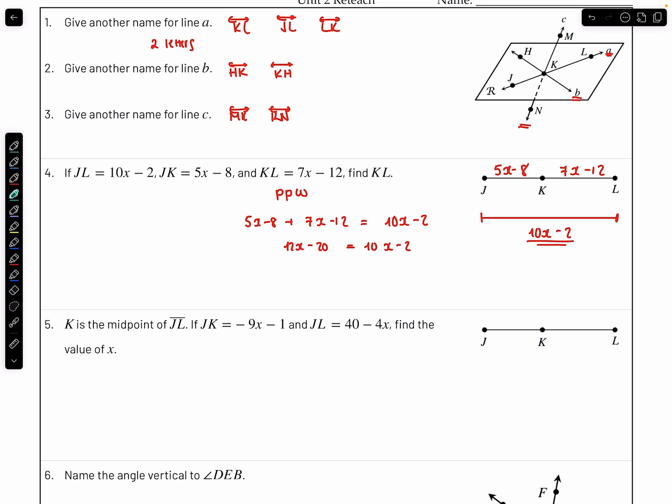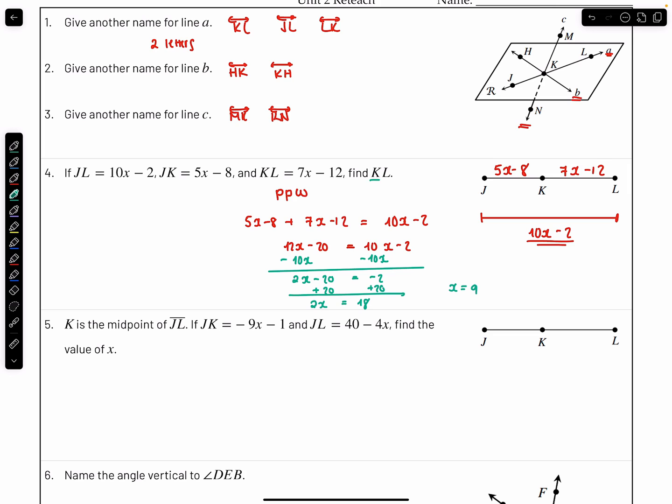When we subtract out the 10x from both sides, that leaves over 2x minus 20 equals negative 2. You add 20 to both sides, and so here 2x equals 18. Divided by 2 gives us x equals 9.